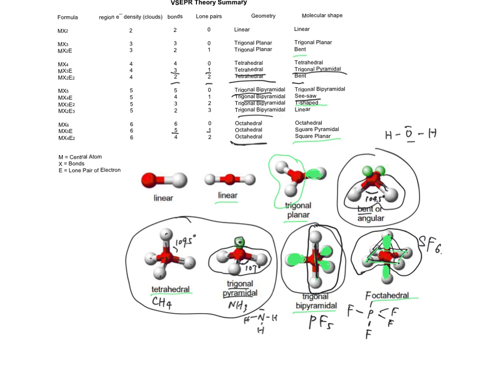All right, so one last thing of determining molecular shape we're going to talk about here is, for something like trigonal pyramidal, now, if I tell you the first lone pair goes in and replaces one of the equatorial positions, the second lone pair goes in and replaces the second equatorial position, the third lone pair goes in and replaces the third equatorial position.